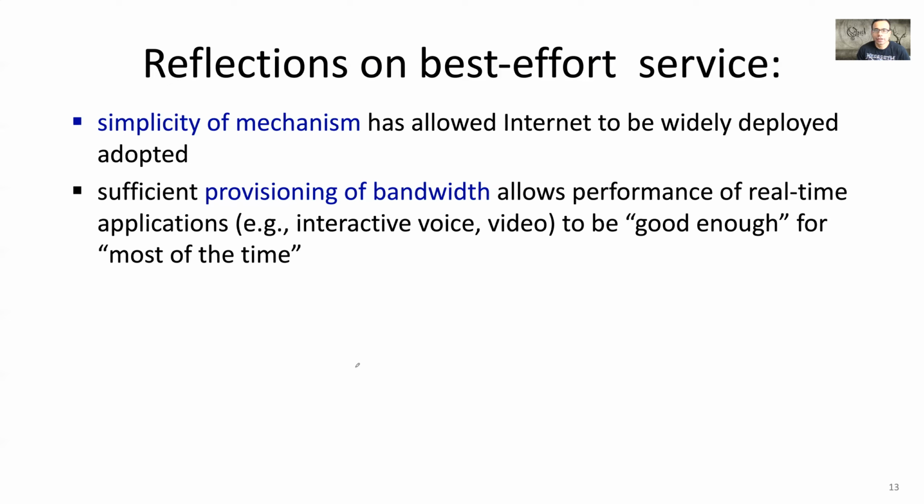A lot of networks these days are highly over provisioned. By over provisioning, I mean they try to install sufficient bandwidth that they can handle most typical peak duration traffic, right? So there's enough bandwidth available to allow all sorts of real-time applications to work, right?